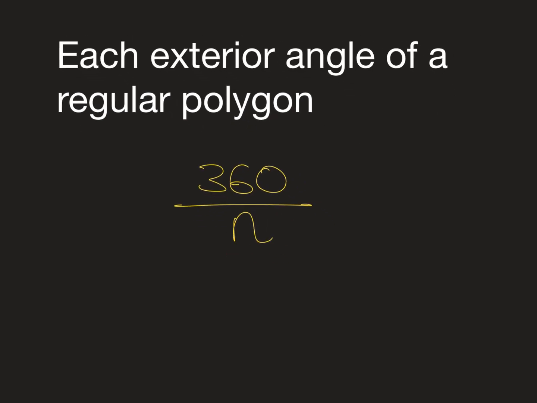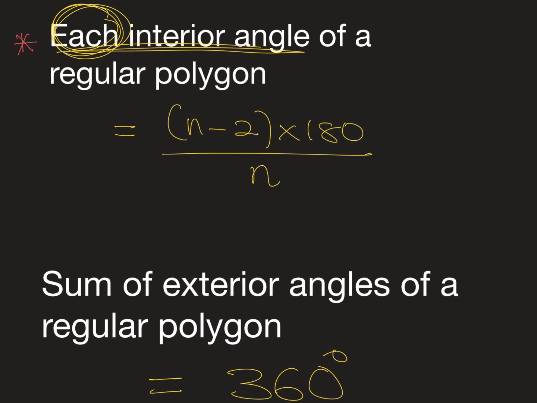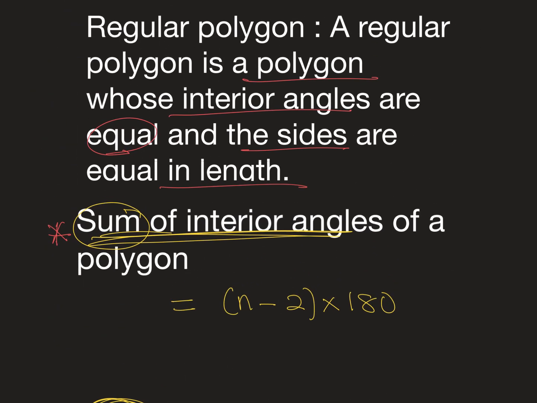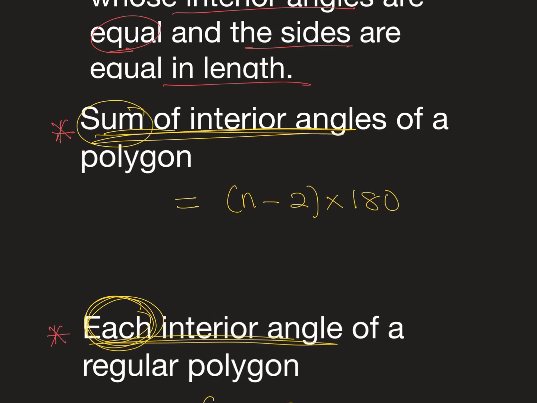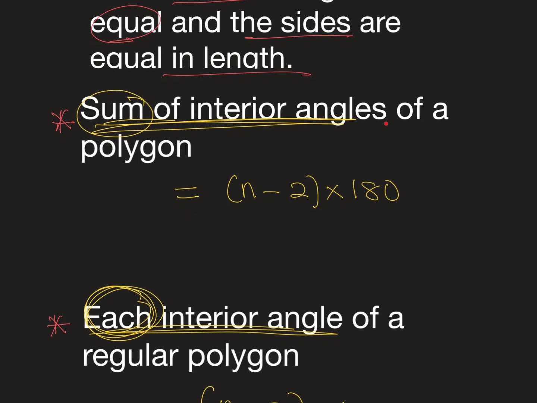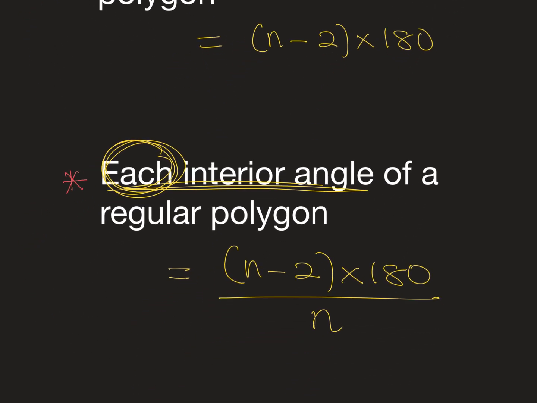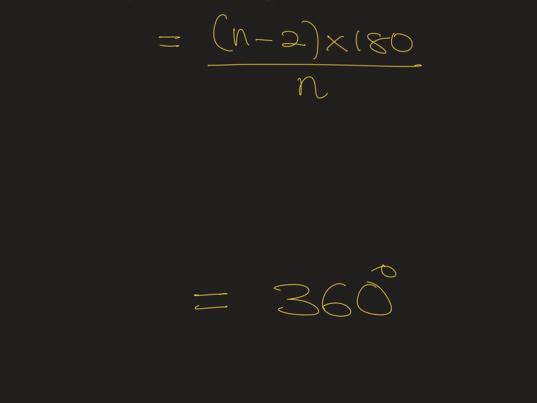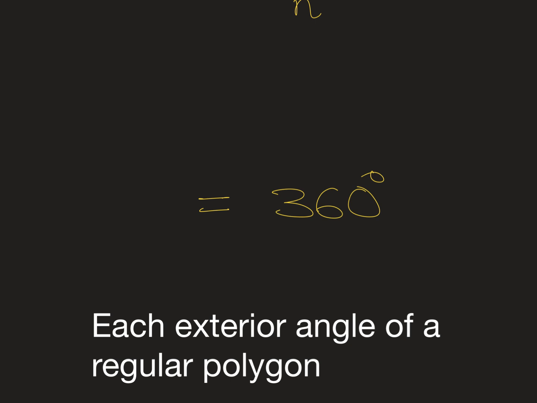Okay? All right. So remember these four things about polygons that they can ask you. The first thing is the sum of the interior angles. It is n minus 2 times 180, where n is the number of sides. So if they ask you each interior angle of a polygon, each or simply interior angle, it is going to be n minus 2 multiplied by 180 divided by n. The sum of the exterior angles is 360 degrees regardless of the polygon.